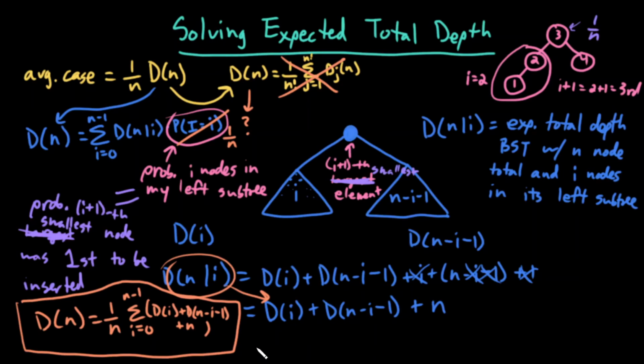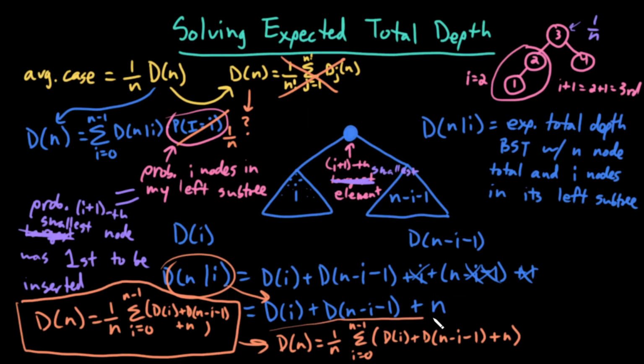So let me rewrite that all in one line. d of n equals 1 over n times the sum from i equals 0 to n minus 1 of quantity d of i plus d of n minus i minus 1 plus n.